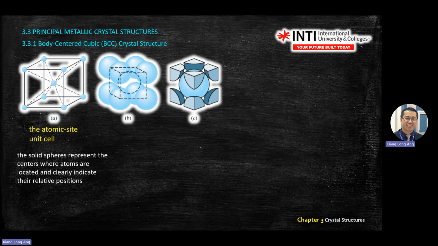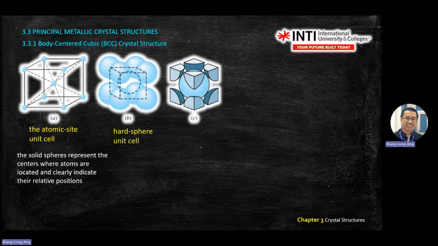Second presentation is called hard sphere unit cell. Hard sphere unit cell means you imagine you're using a bowling ball kind of size of things, and then you laser cut them into a cube, and you only see what is the laser cut outcome. Since we are talking about BCC, body-centered cubic, there's one atom inside.